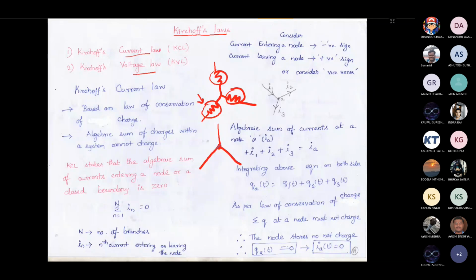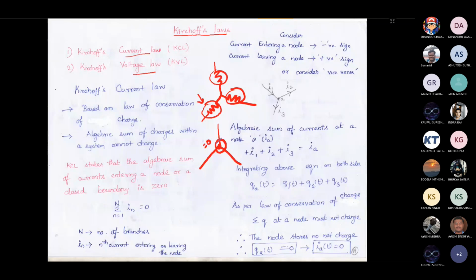Okay, so Kirchhoff's current law says that the sum of charges at this node will always be equal to 0. If you are having a node or junction, the sum of charges at this node will be equal to 0. That's what our law of conservation of charge says. So if you sum the charges algebraically at this node, it will be equal to 0. If you extend that with respect to current, you can say that the sum of currents at this node will always be equal to 0.